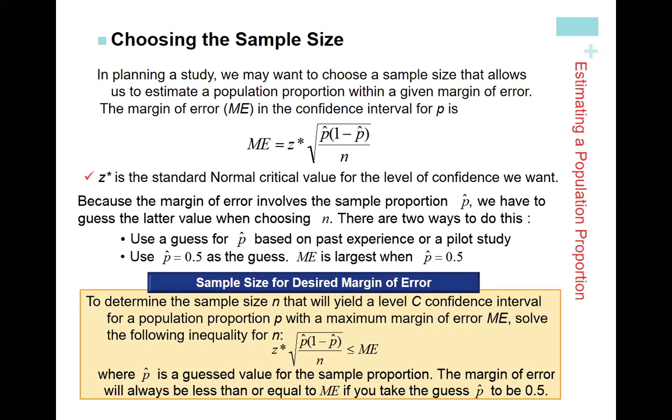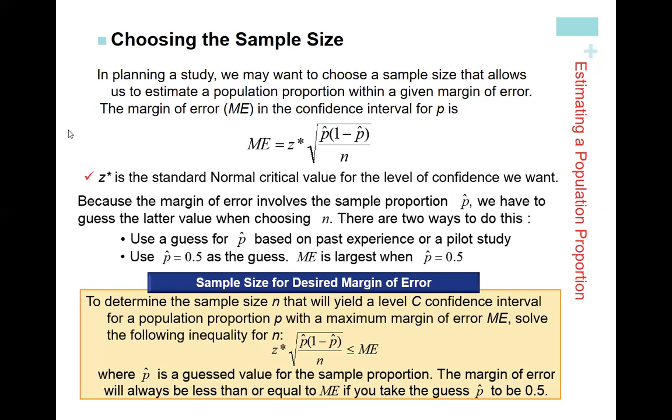So I can use 0.5 as a stand-in, and then it's not going to go above that. For example, if we had 0.3, then that part of the formula would be 0.3 times 0.7, which would be 0.21. Smaller than the 0.25 and an even smaller margin of error. So the largest possible is the 0.5. So we can either use 0.5 as my stand-in, or we can use an established p hat that we already have an estimate of.